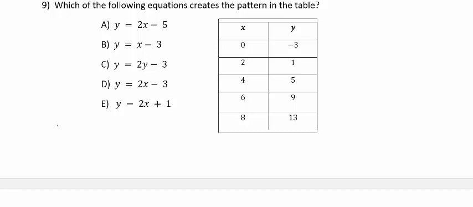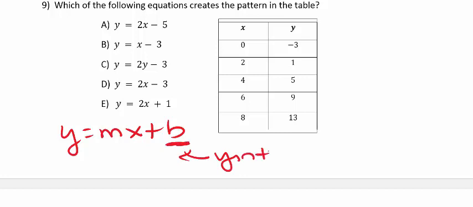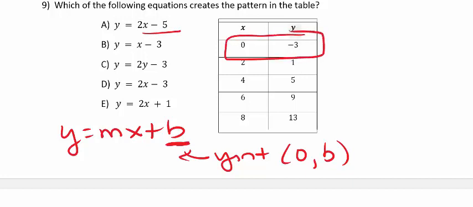Well, earlier we talked about y equals mx plus b was the equation of a line, and that this b was my y-intercept, and the y-intercept is always 0, b. So if I look at these equations, I can see in A we have a -5, and looking at this point right here, it should be a -3, so we can eliminate that one.